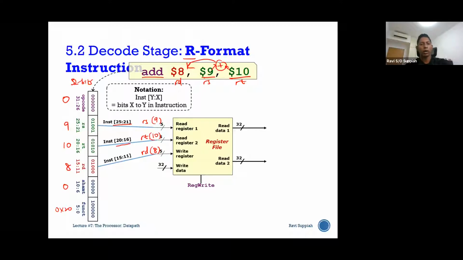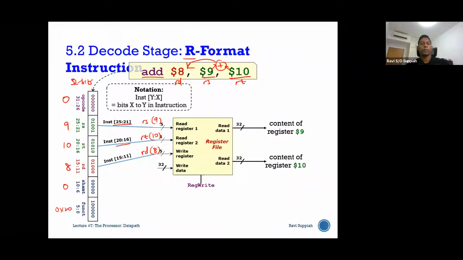So I can straight away extract bits 25 to 21 from the full 32 bits and connect them to read register 1, 20 to 16 to read register 2, and 15 to 11 to write register. I can hardwire this connection because I know that these bits from the 32-bit instruction that comes out of the memory specify the registers that I'm dealing with.